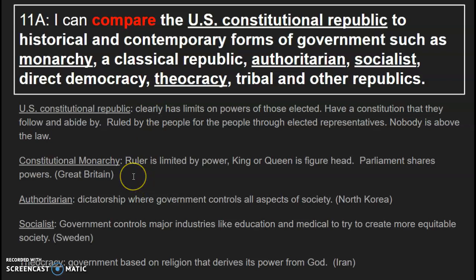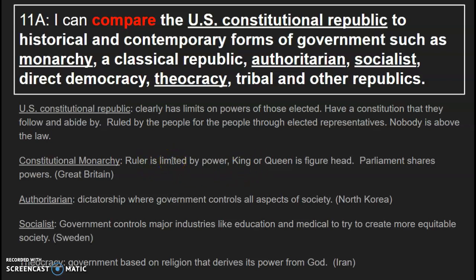Next, you have a constitutional monarchy. And constitutional monarchy is similar to a U.S. constitutional republic because you do have a ruler, a king or queen, which is kind of like the president. They're a figurehead. They do have some power, but it's very limited because they also have a parliament that shares the power with them. And they do have to follow a written constitution. So Great Britain is considered a constitutional monarchy.